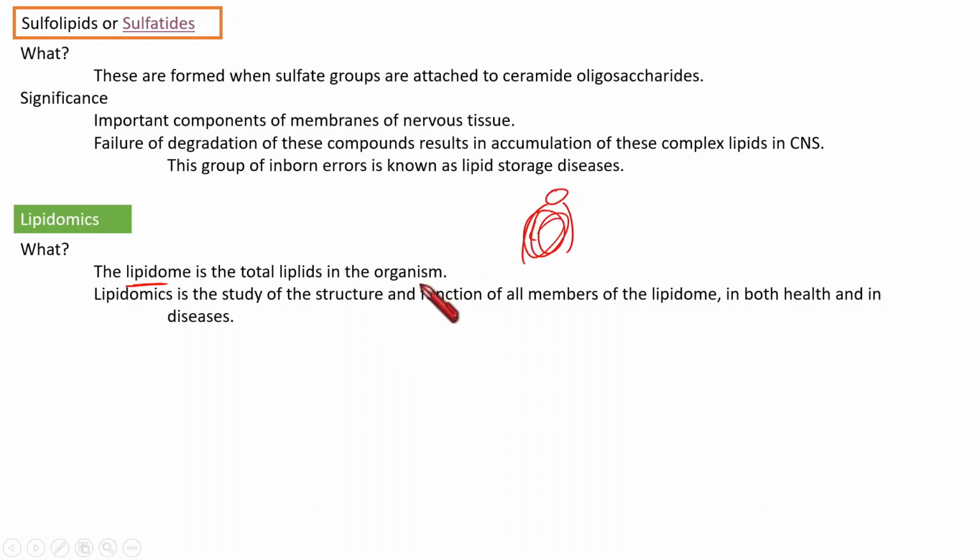And lipidomics is the study of the structure and function of all members of the lipidome, both in the healthy situation and in the diseased condition. So lipidomics is simply the study of all the lipids present inside one organism, when that organism is healthy and also in disease condition.